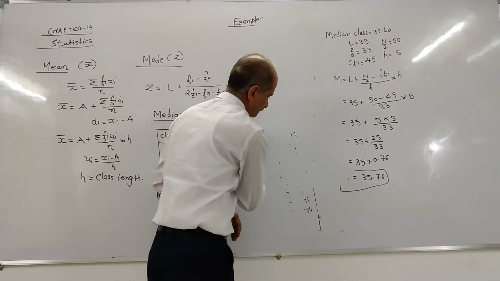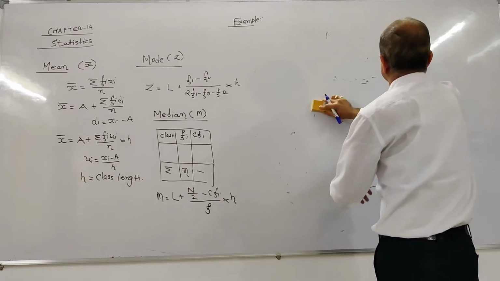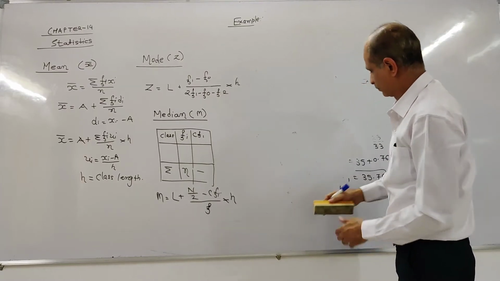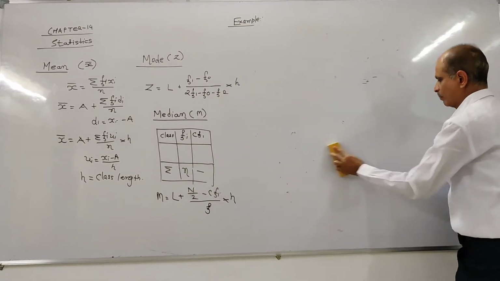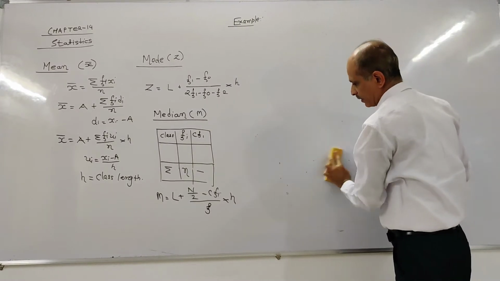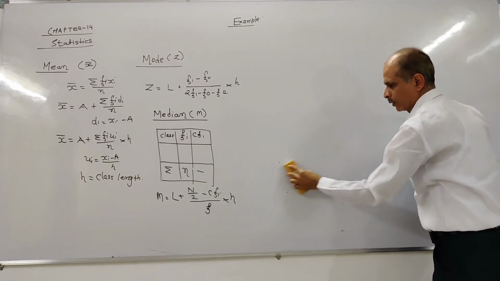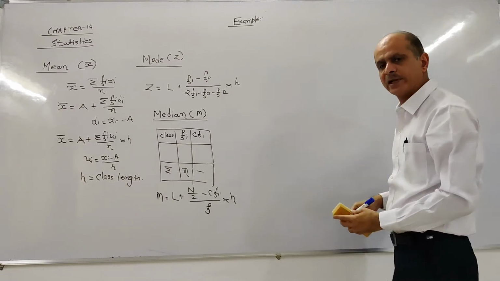It is also on the basis of how to find out the median of a data. As you know, the median is the middle observation. For a discrete frequency distribution, it is very easy to find the median because it is the middle observation.